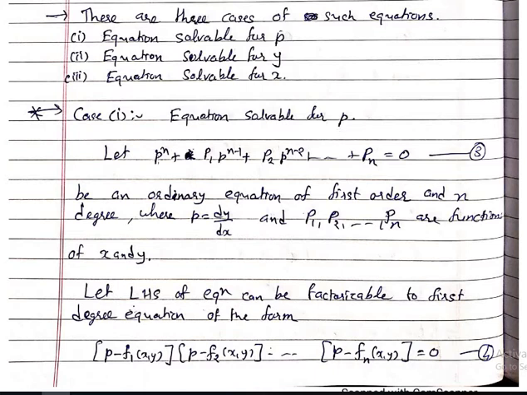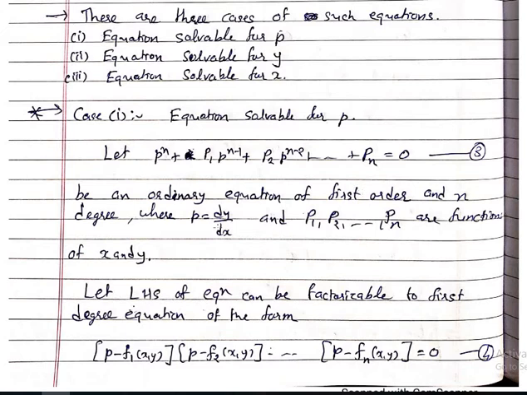Suppose you have the equation p raised to n plus capital P1 into p raised to n minus 1 plus capital P2 into p raised to n minus 2, up to capital Pn is equal to 0. This is any ordinary differential equation of first order and n degree.